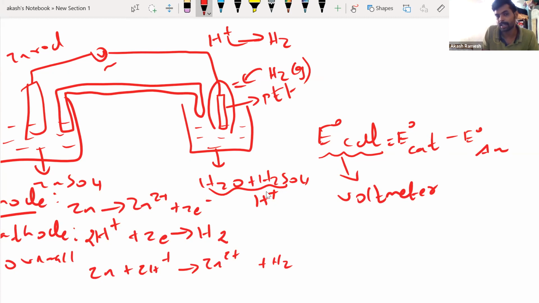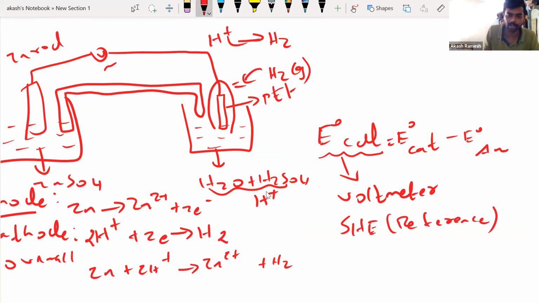Now, what you have to understand is that by default, this standard hydrogen electrode, the SHE, is going to be a reference point for us.